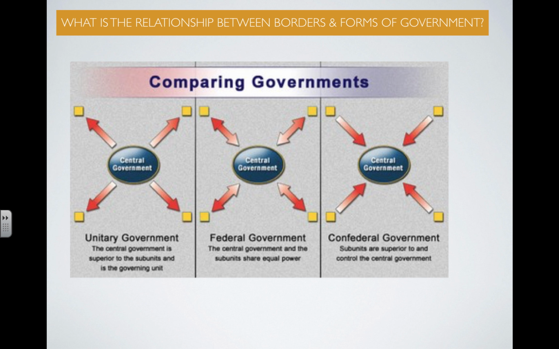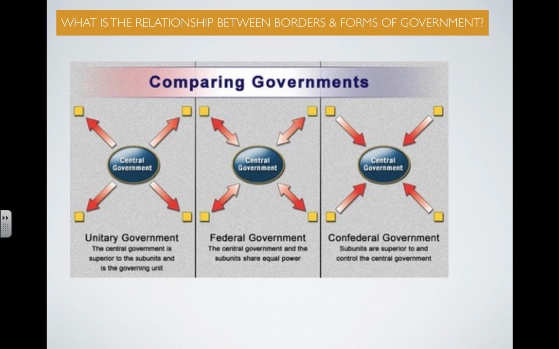Okay, last thing I want to emphasize here. We already have the definitions of unitary and federal. Please add on the left-hand side of your notes, Confederate government, or Confederacy, either one. I want you to add this because you'll notice that in a Confederate government, the regional powers have more power than the central government.